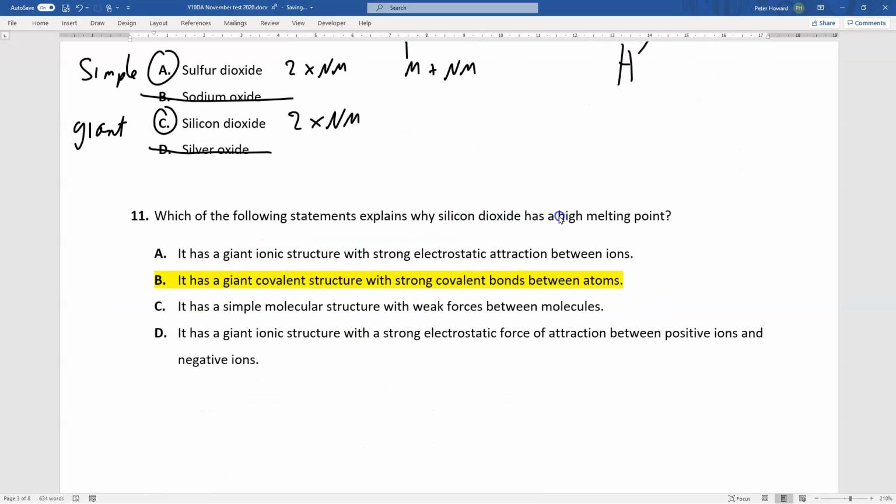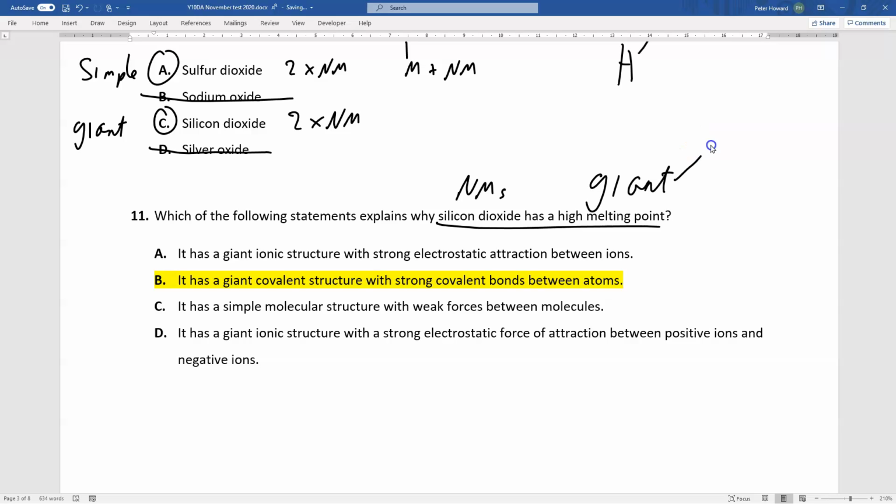So why has silicon dioxide got a high melting point? If it's two non-metals, and it's got a high melting point, we know that it must have a giant structure. What do we mean by a giant structure? We mean billions of particles which are either atoms or ions. If it's non-metals, it's going to be just atoms.